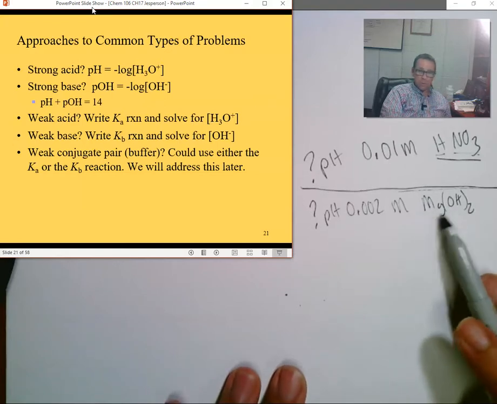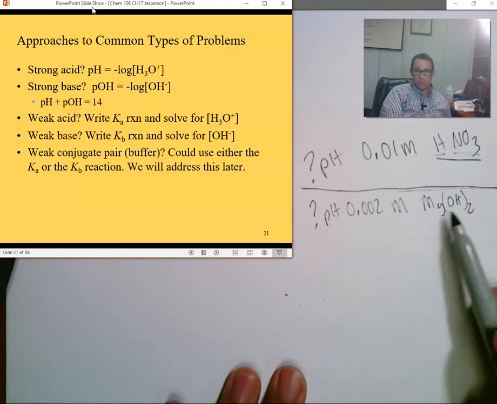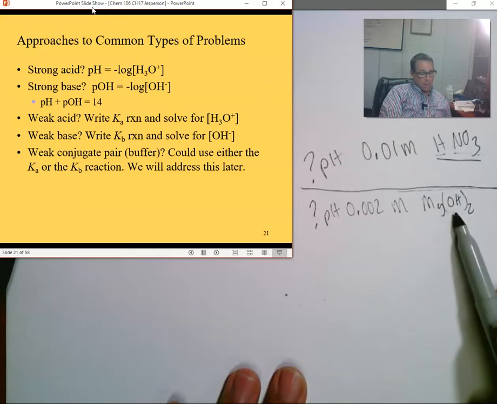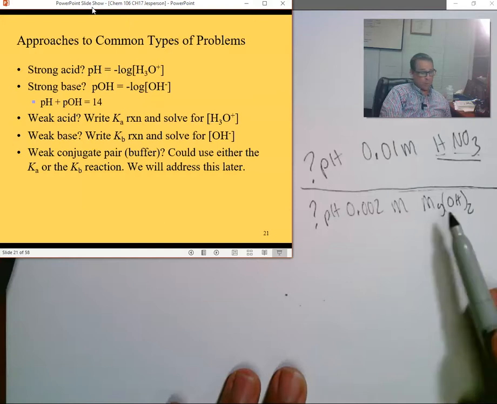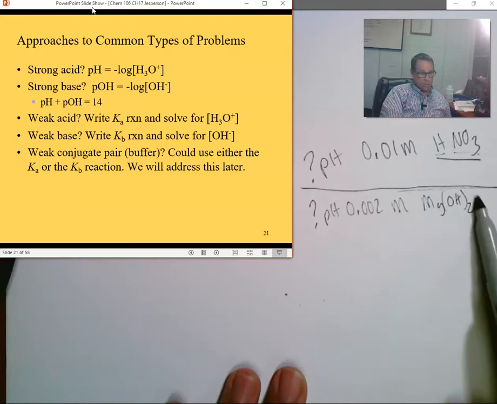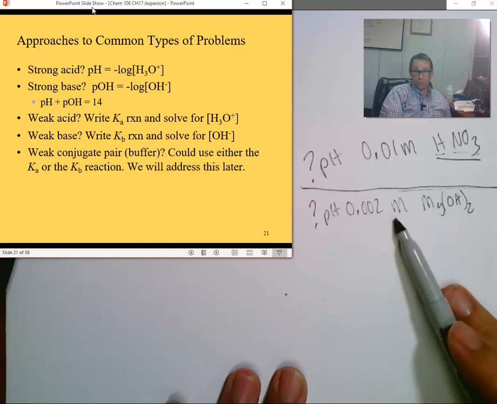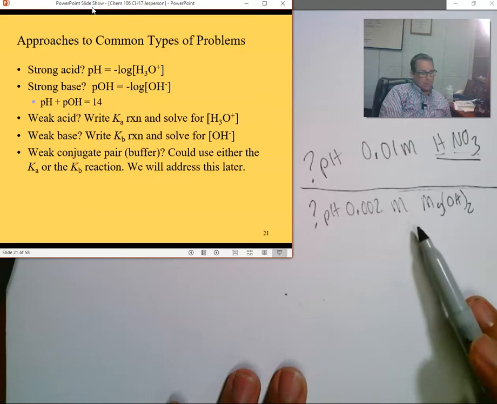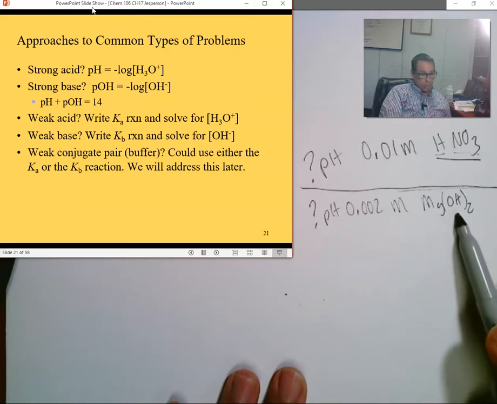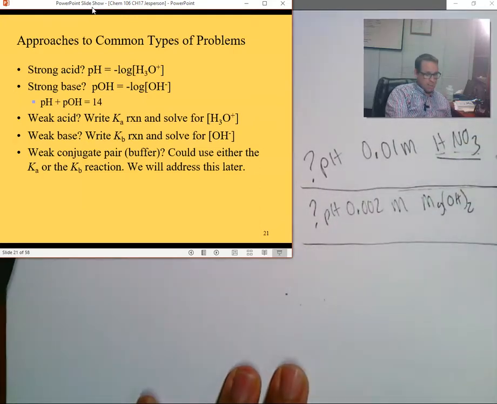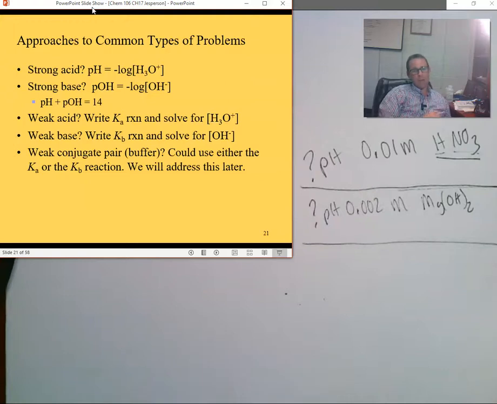We know that when this goes into solution, it's going to completely dissociate, and our concentration of hydroxide ion will be not 0.02 because there's two of them, but 0.04 molar. And for 0.04 molar hydroxide ion, we take the negative log of that value. That'll be the pOH. 14 minus the pOH will give us the pH. Okay? Strong acid, strong base, right?